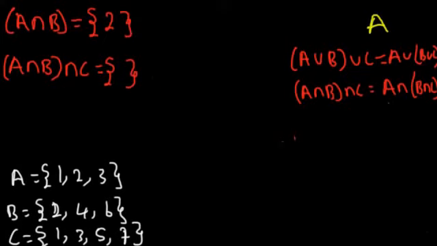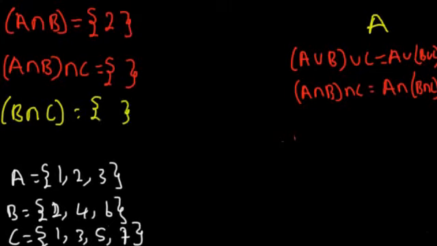Now let's move on to the other side, A intersect (B intersect C). We need to find B intersect C first. Is there any common element between B and C? 1, 3, 5, 2, 4, 6. There is not, so it is an empty set.